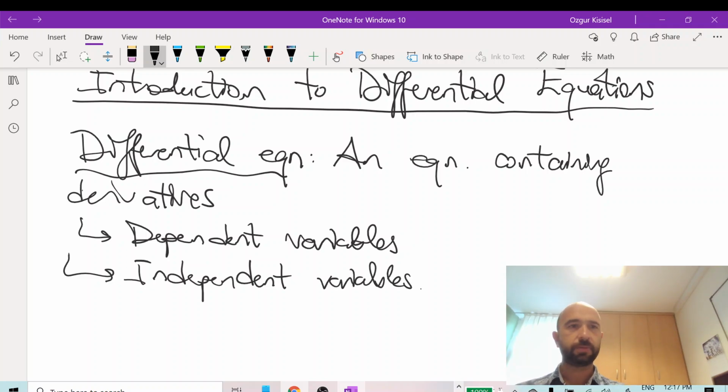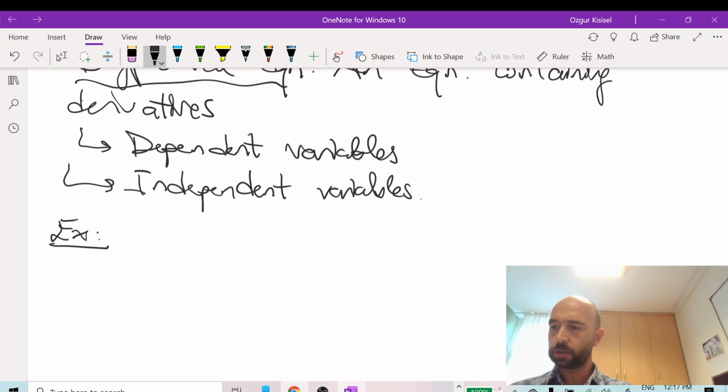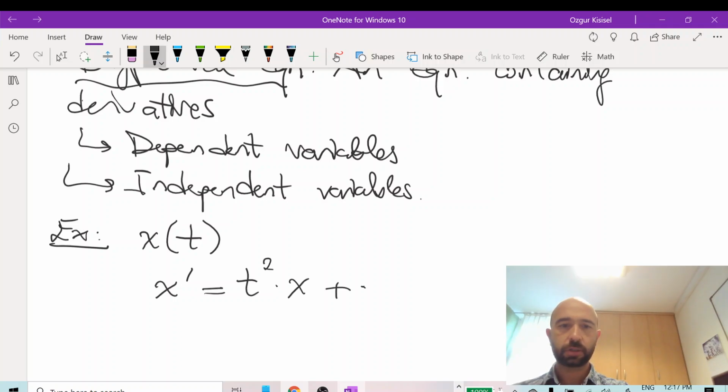Maybe I could explain this best through a simple example. Suppose we have a function x depending on t. Here is a differential equation: x prime, which denotes the derivative, is equal to t squared times x plus e to the power 2t.